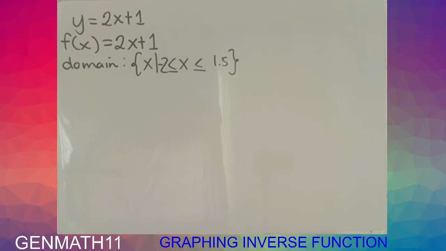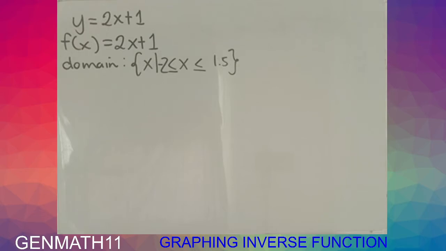Okay, so given na natin yung ating function which is y equals 2x plus 1 or f of x is equal to 2x plus 1. Parehas lang yun. Then, meron tayong domain ng ating original function which is x such that x is greater than or equal to negative 2 but less than or equal to 1.5. So, we will create a table of values in order to graph this function.